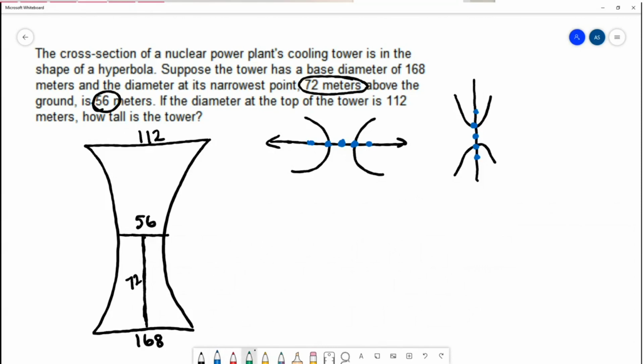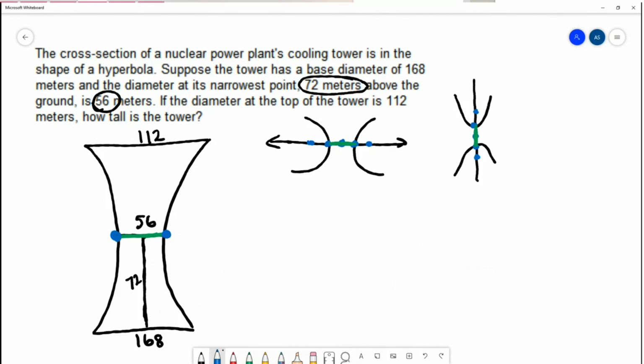So we've got our narrowest point here between those two pieces of the hyperbola, helping us to identify this as our narrowest point and these two points as our vertices.